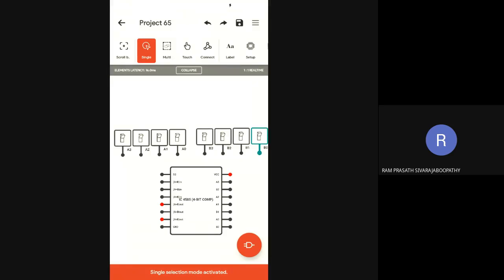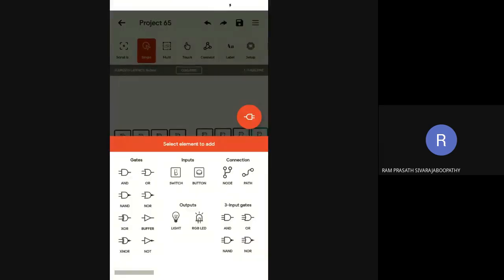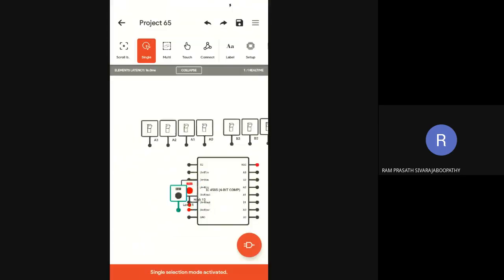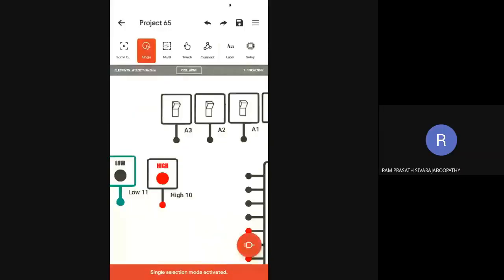Now what we are going to do is the cascading input. For that, I am going to take high and low. High means 1, low means 0. So I am placing these two like this. Or else you can connect these pins to VCC and ground. That also we can do.